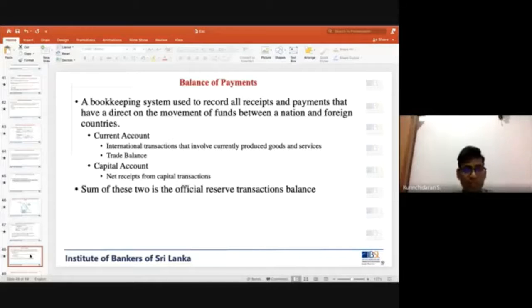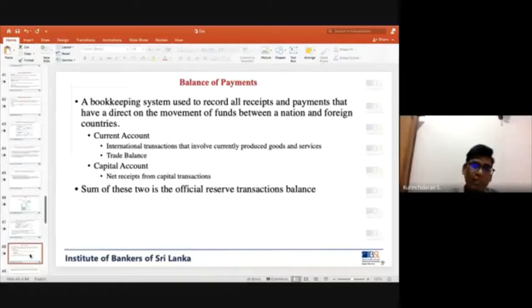This is occurring regularly, so this comes under the current account. The whole gamut of import and export, and if you take net exports, that is the trade balance under the current account. And the capital account can be net receipts from capital transactions, basically investment motives.